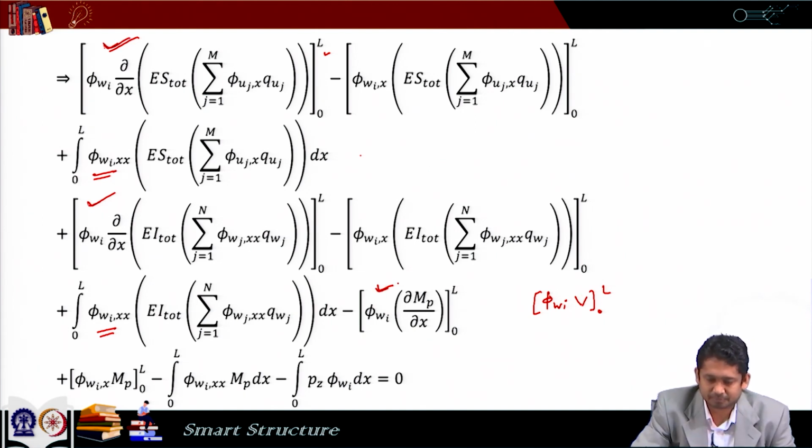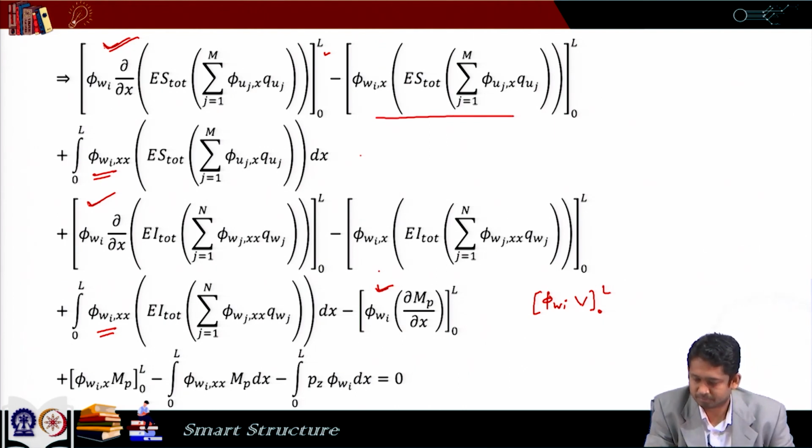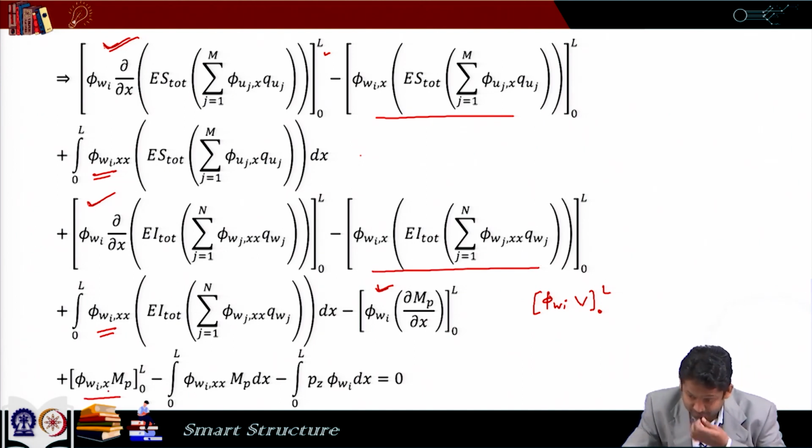Similarly, if I combine the other boundary terms, which is this plus this plus this, that would give me zero.